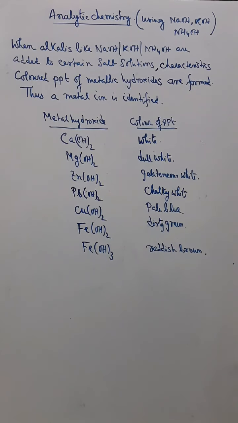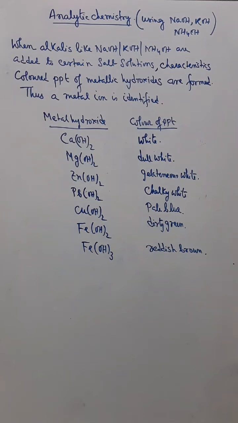Now before starting the main part of this chapter, it is very important to know the color of the precipitate of metallic salts, in fact, metallic hydroxides. So you should learn this, you should know the colors written here.